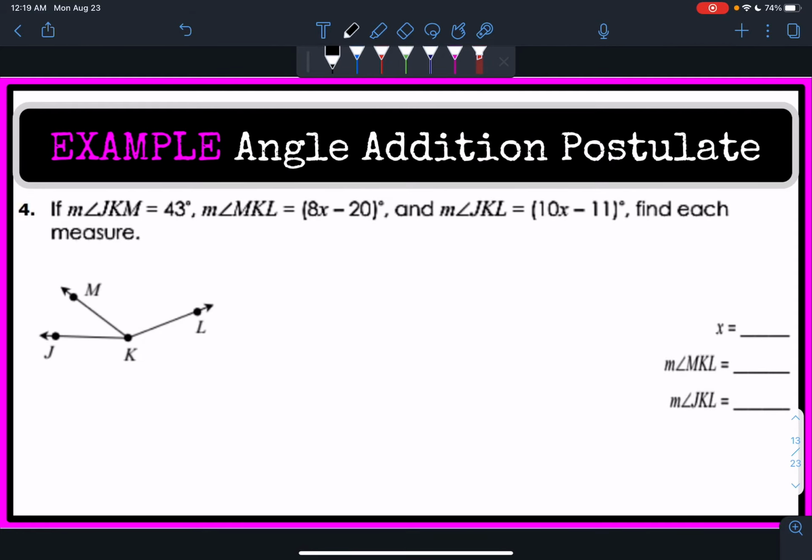On our fourth example, a little bit more of the same. We're going to do another example of using the angle addition postulate.